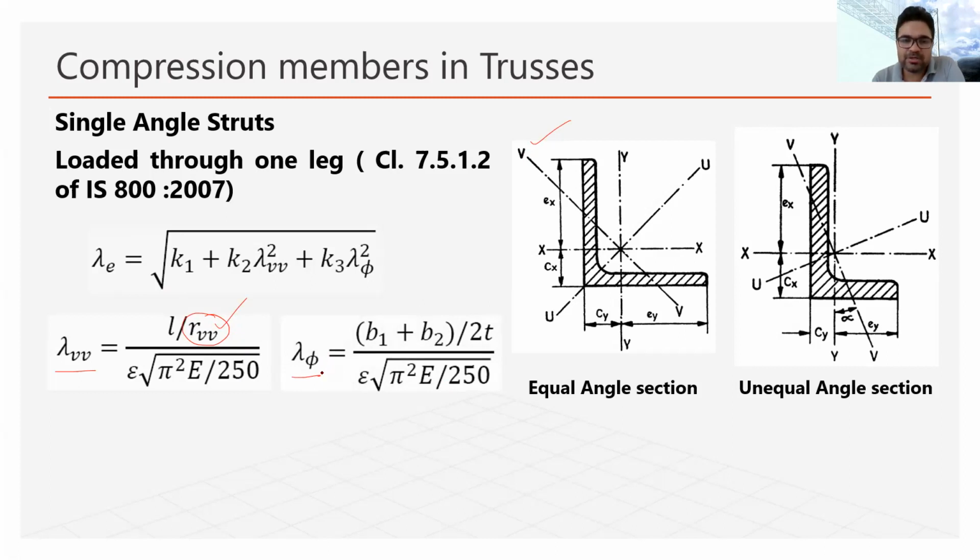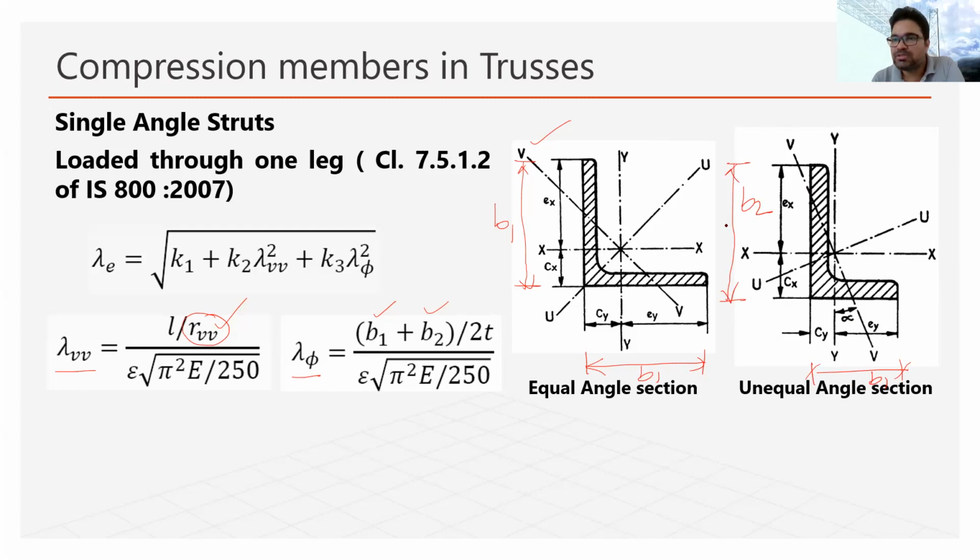Now in calculation of lambda phi, we need to find two parameters, B1 and B2. B1, B2 are the leg lengths. In this case, this one will also be B1 because both legs are equal. But in case of unequal angle section, one may be B1 and the other will be B2.